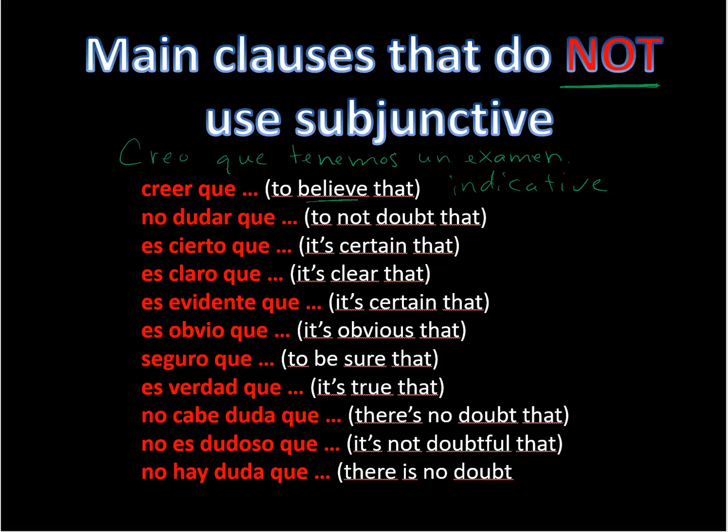Just like we've always done. I think that normal ER verb, we have an exam. No dudo que, es cierto que, es claro que, es evidente que, es obvio que. I believe that. I don't doubt that. It is true that, it is certain that, or clear that, it is evident. All these do not use subjunctive.